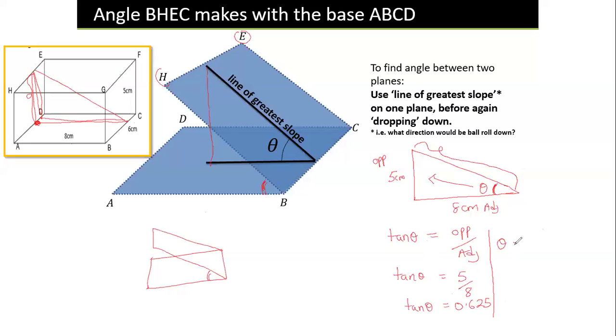And therefore, you say theta is tan inverse of 0.625. So my answer I'm getting is 32.005. And when you write 1 decimal place, it's approximately equal to 32 degrees.